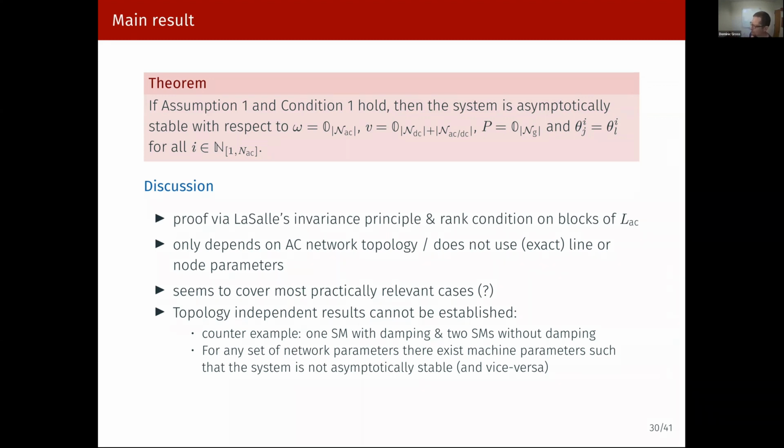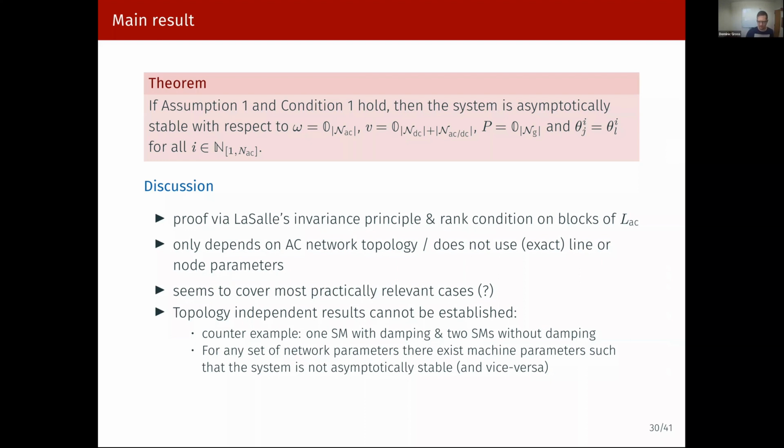And for standard grid forming control, interestingly, it doesn't, right? When I was talking about the network of only grid forming converters backed by a battery or whatever, the network topology didn't play a role. So for this more generalized setting, where you can have machines, where you can have renewables and so on, the topology all of a sudden starts to matter.